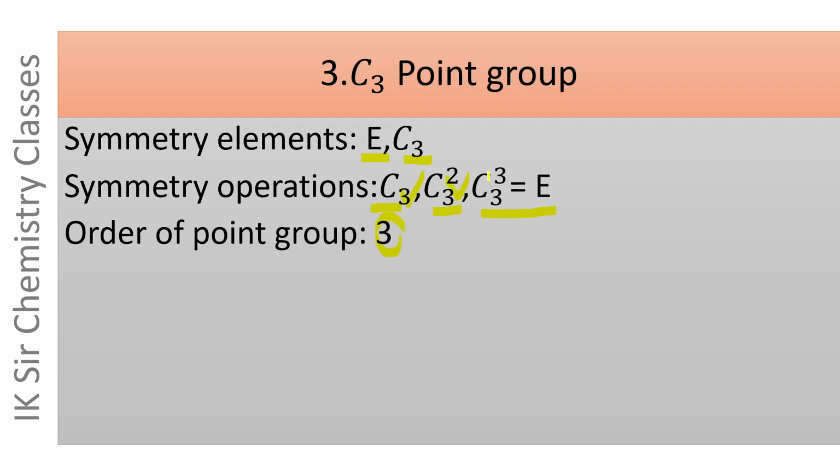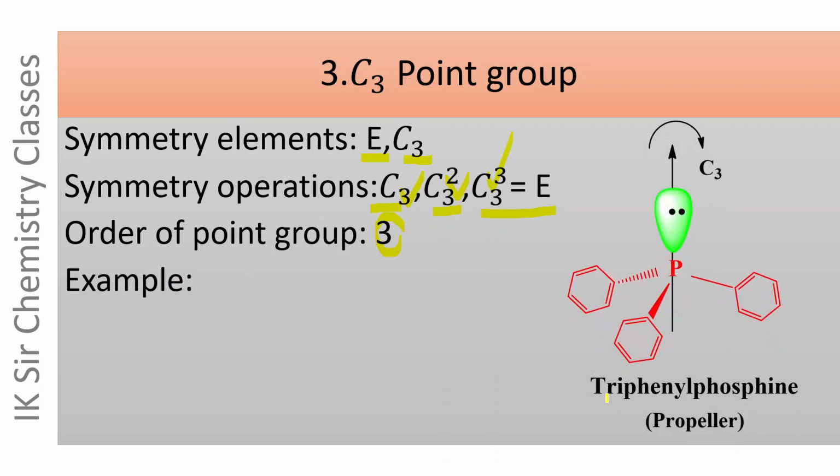Three symmetry operations can be carried out, and let us see an example. Triphenylphosphine, which has propeller structure, and this is C3 axis of symmetry. No other element of symmetry is present in triphenylphosphine molecule, and hence its point group is C3.